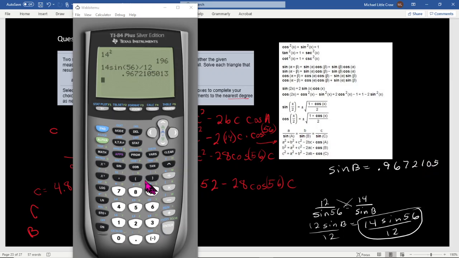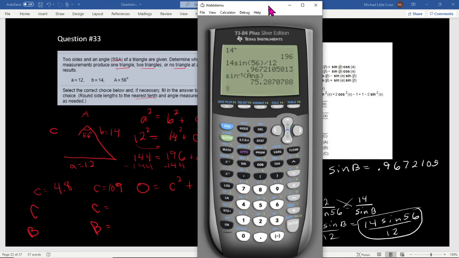And what we can do is take the inverse sine of that, and then we put the answer in there. Notice the little minus sign. We can do a shifted answer to bring it in with all its decimals. So we get 75.28, 75 point, and they want it to the nearest degree.